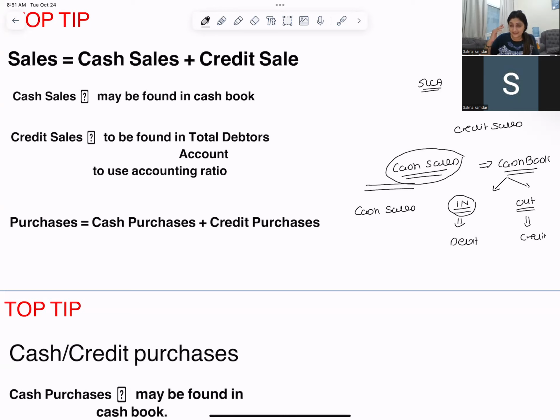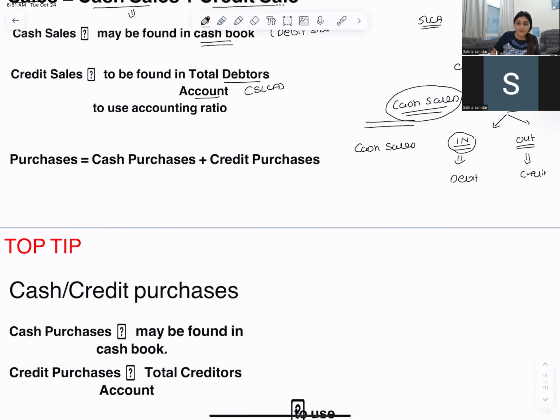The other way to find out profit is to prepare an income statement, where you will find out your sales and your purchases. You should know that sales or your revenue is a summation of cash sales plus credit sales. Cash sales will be found from the cash book debit side, and credit sales will be found in your debtors account or your SLCA account.